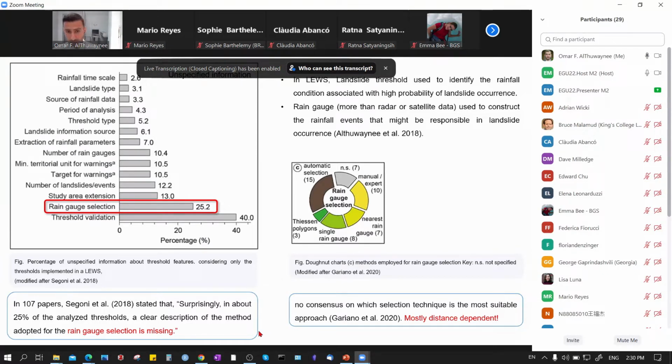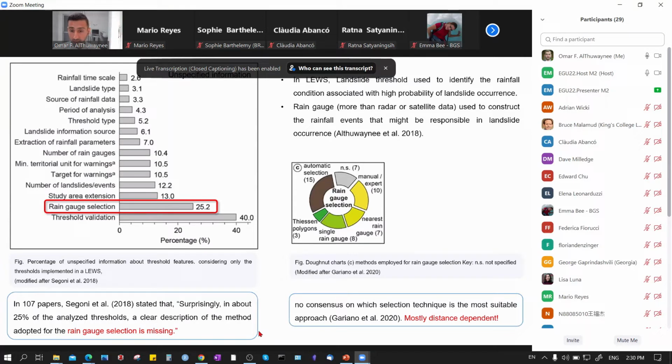However, following the literature, a paper presented in June 2018 found that in about 25% of the papers they scanned, the component of how the rain gauges were selected was missing. I quote: surprisingly, in about 25% of the analysed thresholds, a clear description of the method adopted for rain gauge selection is missing.